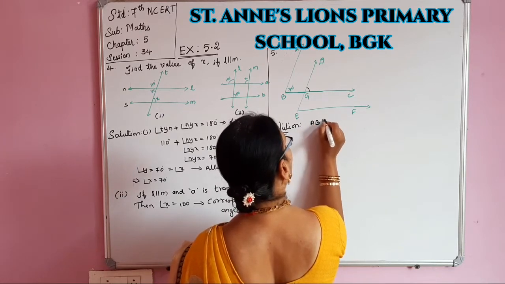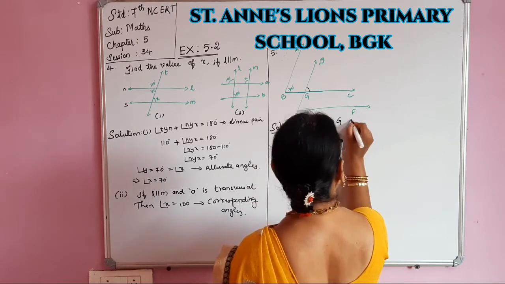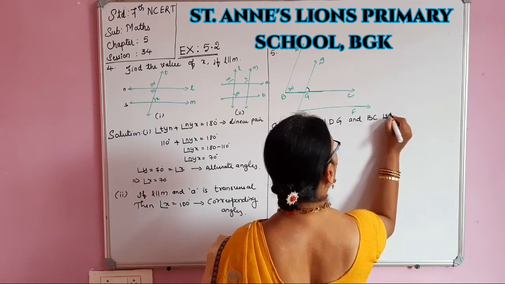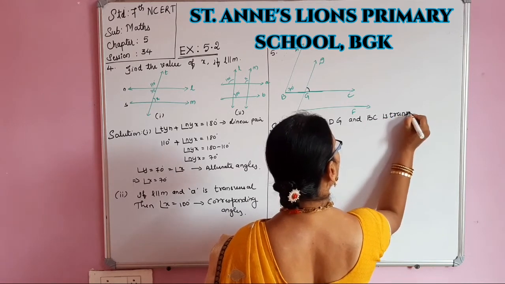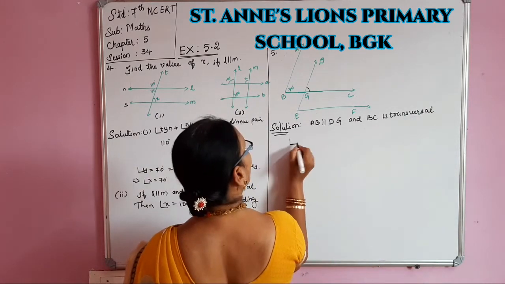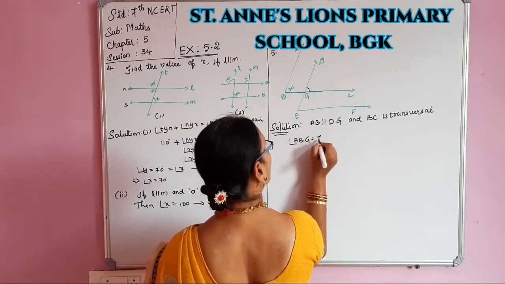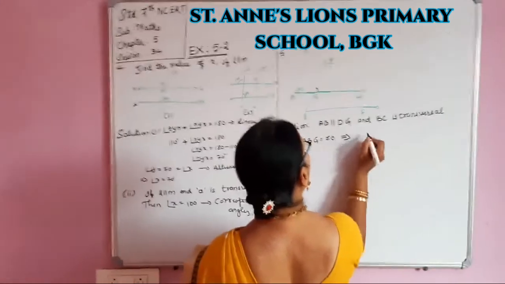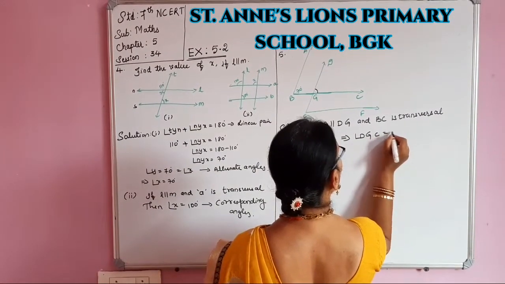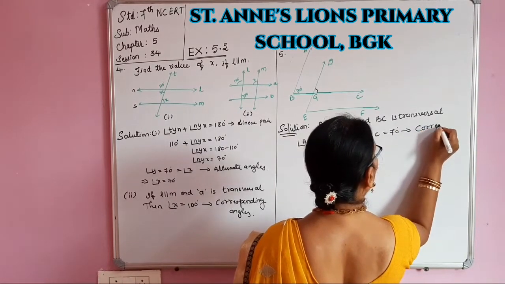AB is parallel to DG, and BC is transversal. Angle ABC equal to 70 degrees. This implies that angle DGC is also 70 degrees, right? Because they are corresponding angles.